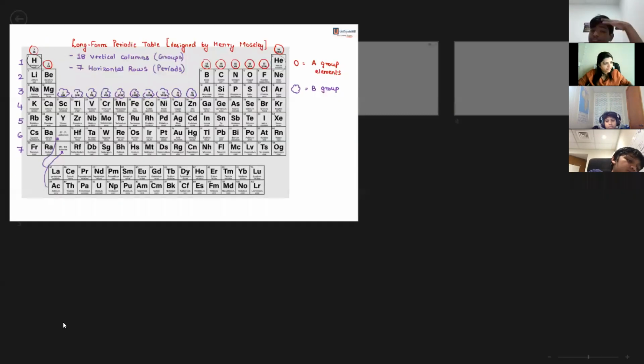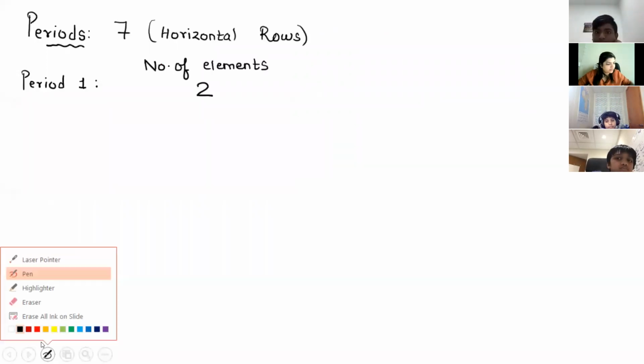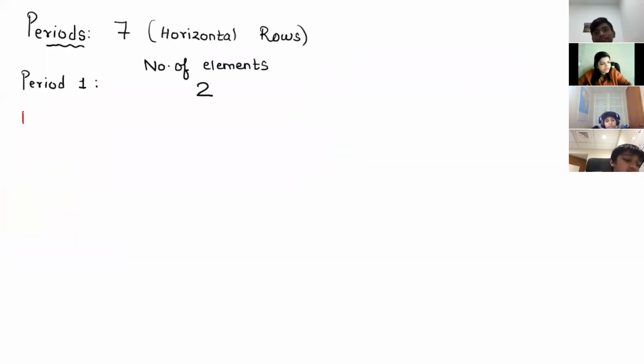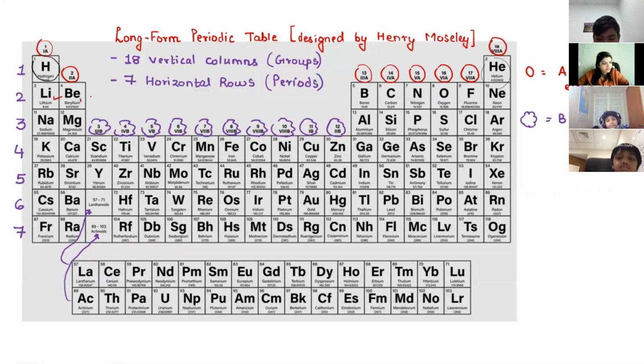So number of elements, 2. Talking about period 2, how many elements in period 2? Count. 8. Yes, let us go and check. 1, 2, 3, 4, 5, 6, 7, 8.